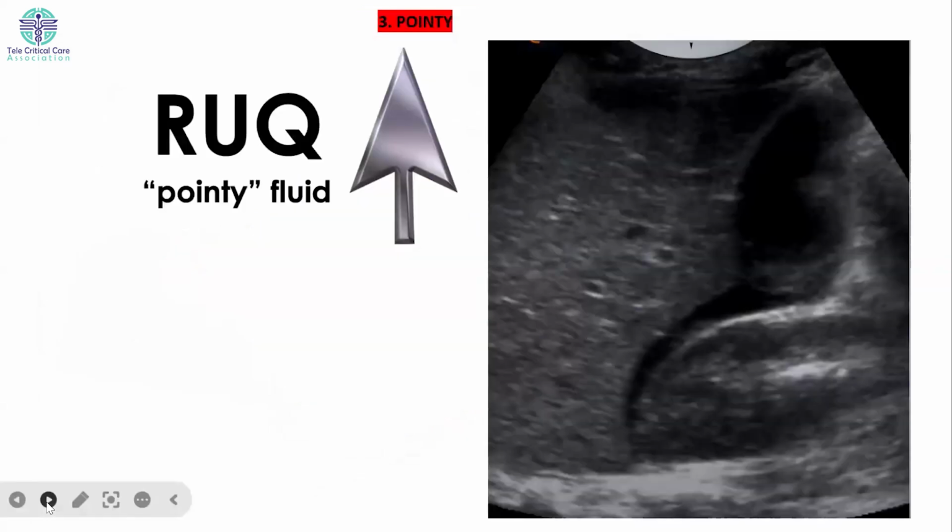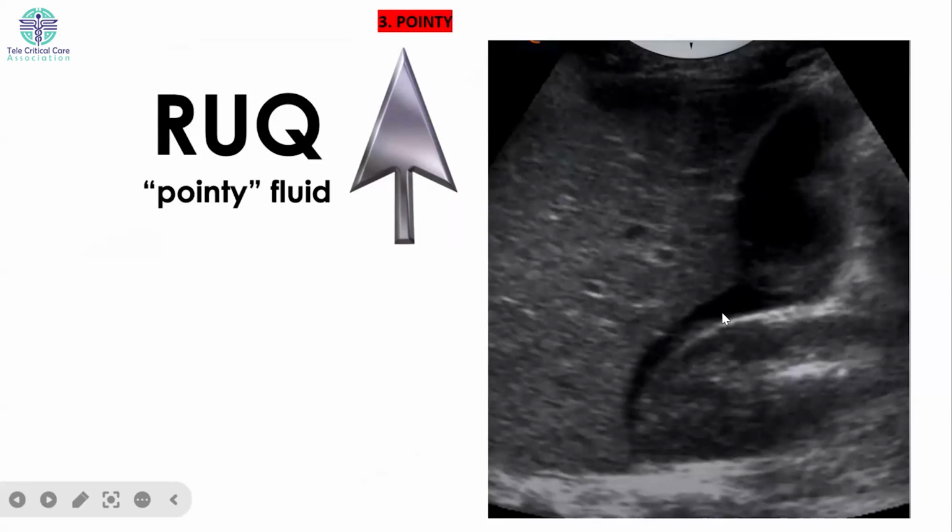Third, in some cases, you can also find right upper quadrant free fluid as a false positive when you actually don't have fluid in the abdomen. Now, what are those cases? Suppose the gallbladder is unusually high in some normal people, you may get this apparent free fluid in between kidney and liver.